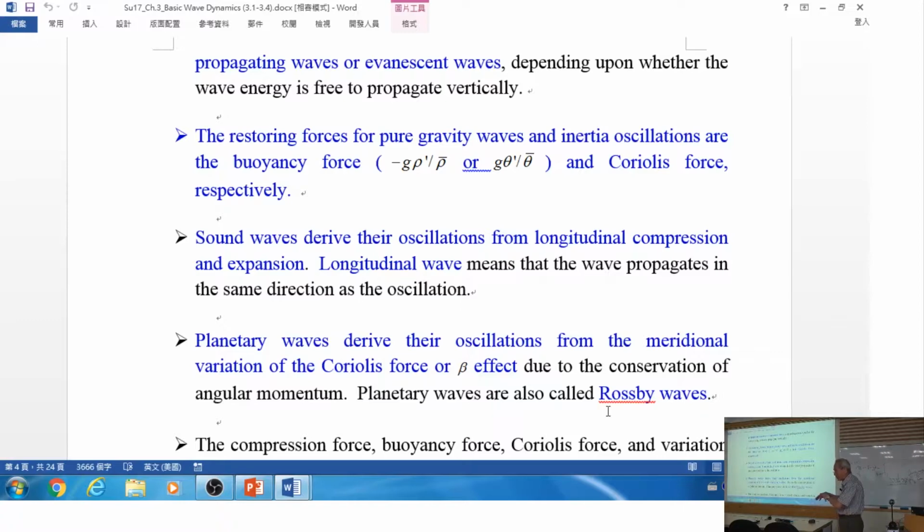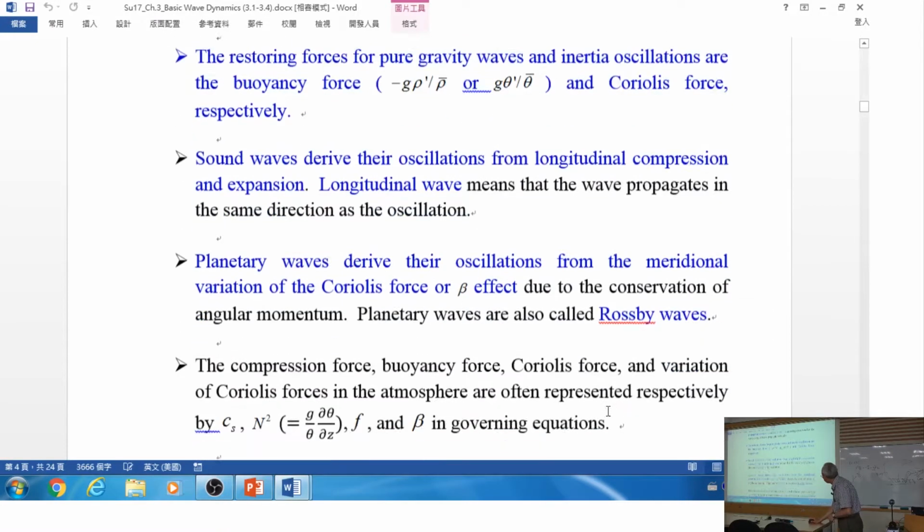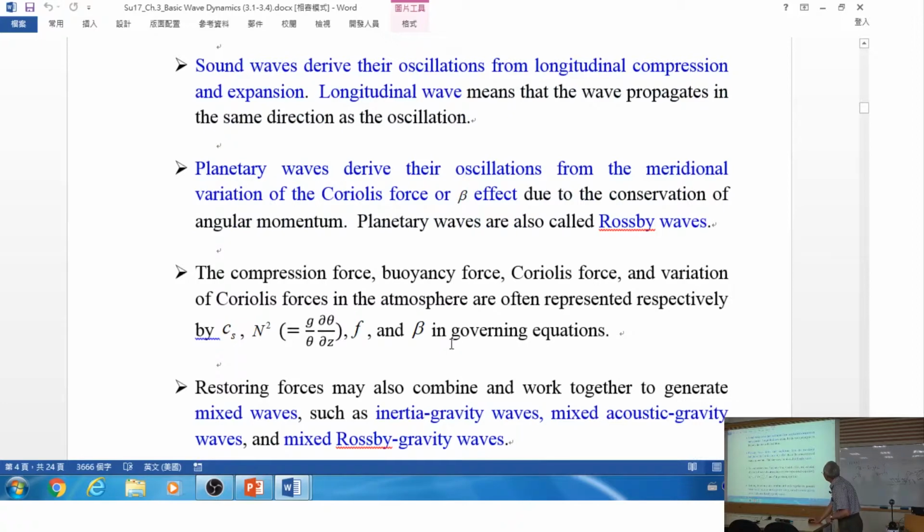If you need details, please download chapter 2 of my book from the web. The compression force gives sound waves. The buoyancy force gives gravity waves. The Coriolis force gives inertial waves, or inertial gravity waves combined with buoyancy. And the variation of the Coriolis force, the beta effect, gives us the Rossby wave.